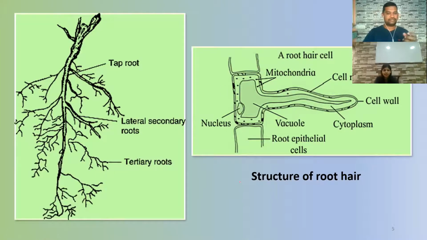A root normally, if you see any branch of the root, primary, secondary, or tertiary, has a somewhat cylindrical structure. So if I take a section of the root, it will appear circular in outline.